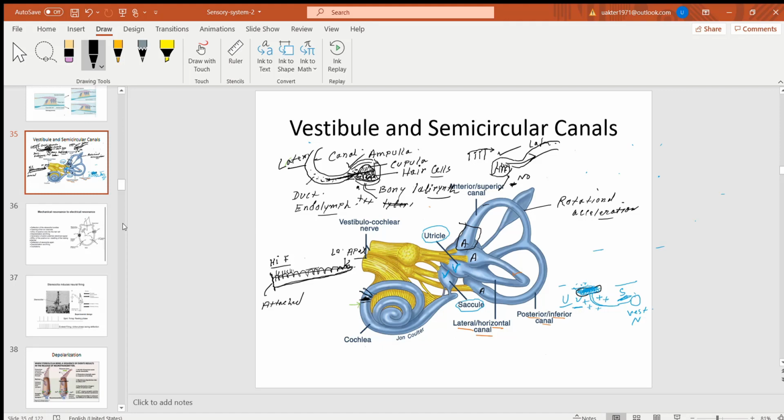Okay, so that's how the hair cells on the basilar membrane, this is the basilar membrane, are activated from high frequency to low frequency, from the attached side or fixed side to the free side.